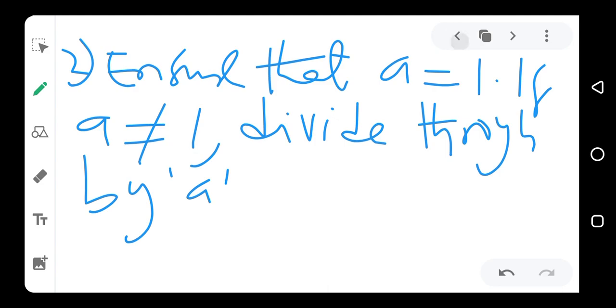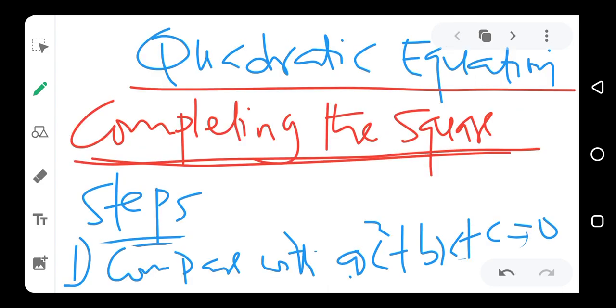the next thing to do is to go back, look for the value of b and divide it by 2. Here, any value attached to this x is the value of b. Now get the value of b.